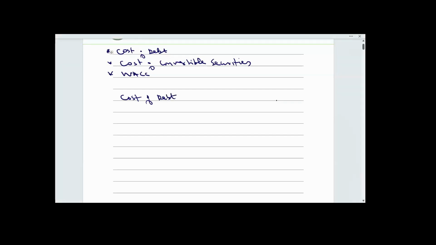Yes, before we talk about the discussion for the day, in our last class, we discussed cost of preference share, for the benefit of those that missed the last class. And we said that cost of preference share represents the compensation paid to the preference shareholders for their investment in a company.